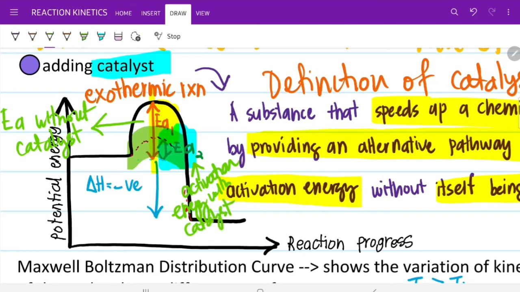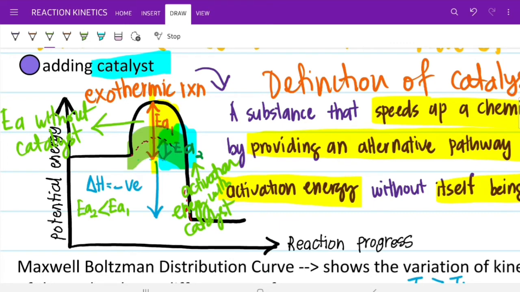As you can see, the activation energy with catalyst is smaller. EA2 is smaller than EA1. Therefore, more reactant molecules have enough kinetic energy to overcome the smaller activation energy, resulting in a greater number of successful collisions, leading to a higher rate of reaction.